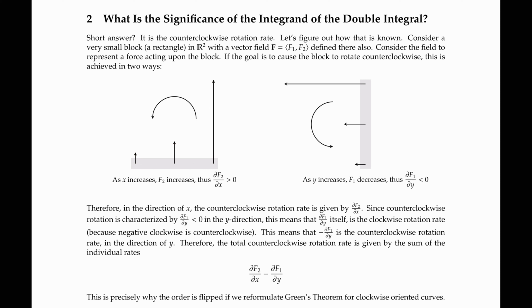Well, if we have longer vectors over here, then that means there's a larger force on this side of the block than there is on this side of the block. So then this block would tend to rotate a little bit counterclockwise.